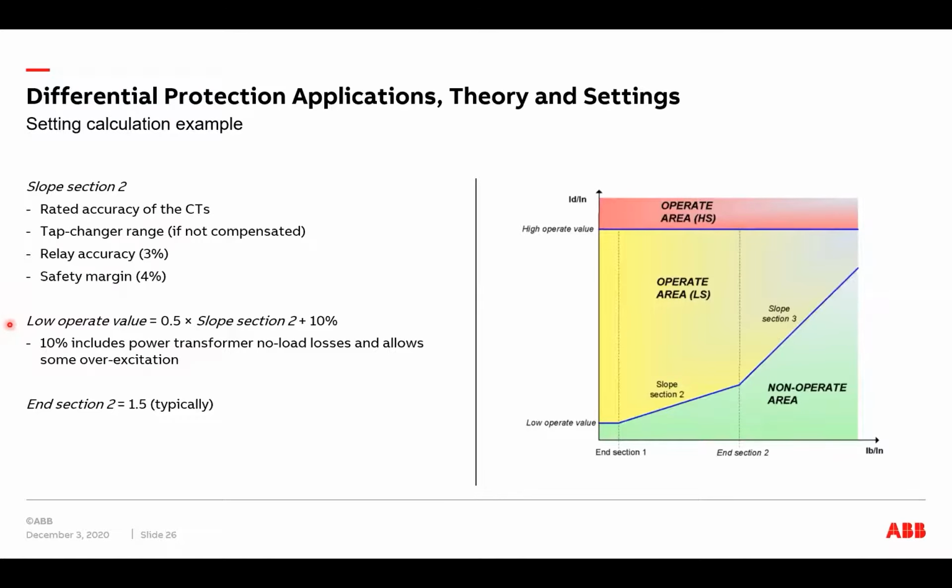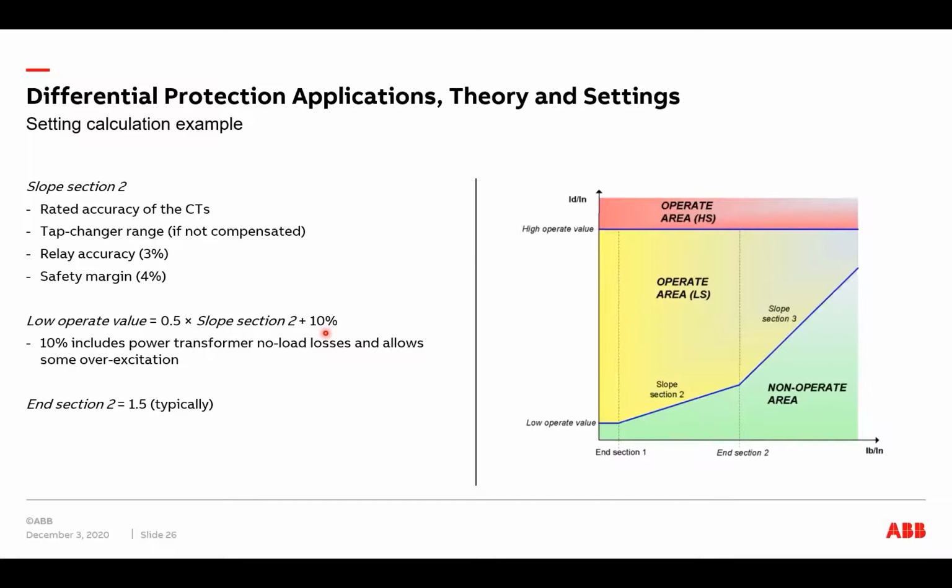Then after that, we can calculate the low operate value, and we do that by taking 0.5 times the result we get from the slope section 2 calculation, and then plus 10%, which is for the no load losses in the transformer.